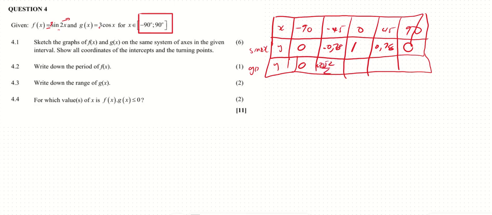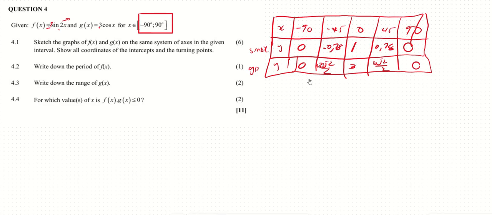So I'm going to put 3 cos 0, which is 3, and then 3 cos 45, which is the same as 3 root 2 over 2. Then 3 cos 90, which in this case is 0.